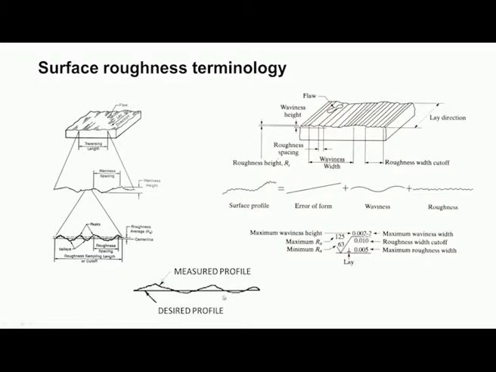These variations are due to many reasons, like the vibration of the machine tool, the shape of the cutting tool, and machining parameters like speed and feed, etc. And here you can see the surface is tapered.